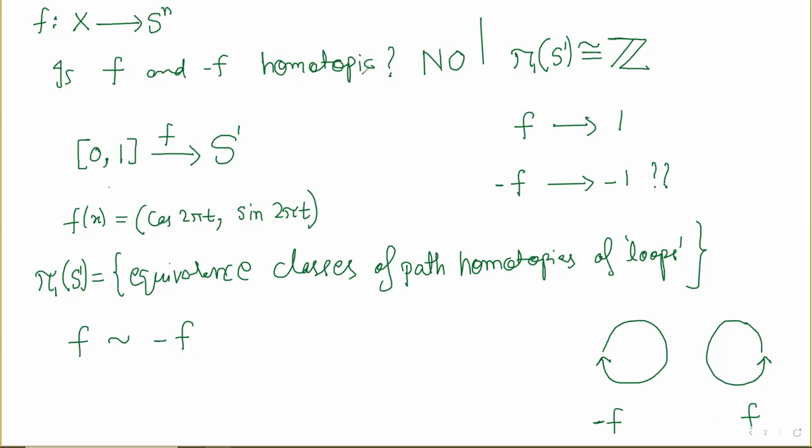So if you're not going to fix the base point, then I make a claim and let's see if it is correct. F is homotopic to 0 or a constant. Is this correct? Then we are done if this is correct.